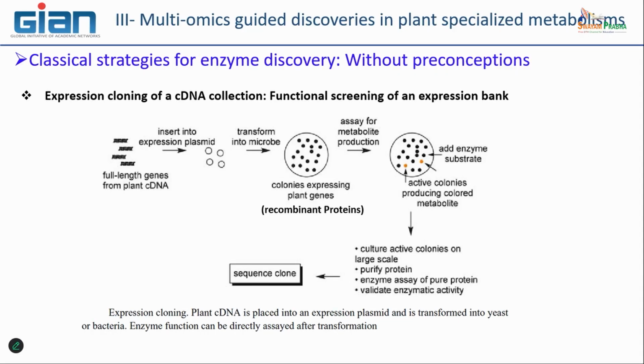It means that instead of just a prokaryote cell with a plasmid carrying a cDNA sequence, this cell is also able to express this cDNA and accumulate the corresponding protein in the cell. This is what we call an expression bank.